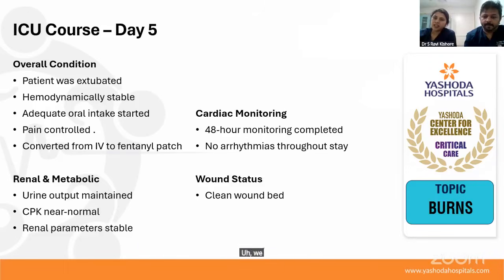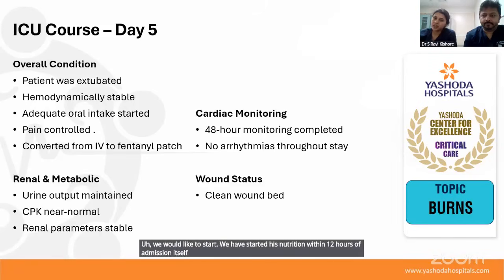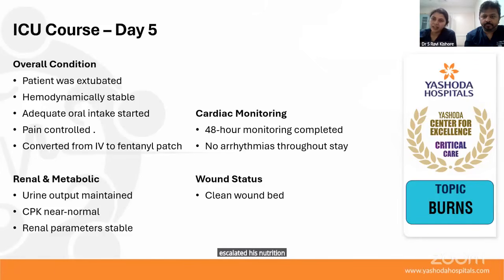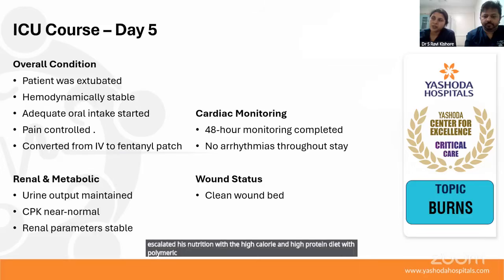We would like to start. We started his nutrition within 12 hours of admission itself, sir, to avoid translocation of gut bacteria and also to avoid ileus. Later on day 3, we escalated his nutrition with a high calorie and high protein diet with polymeric formula, because now the patient has gone into the second phase, the catabolic phase.